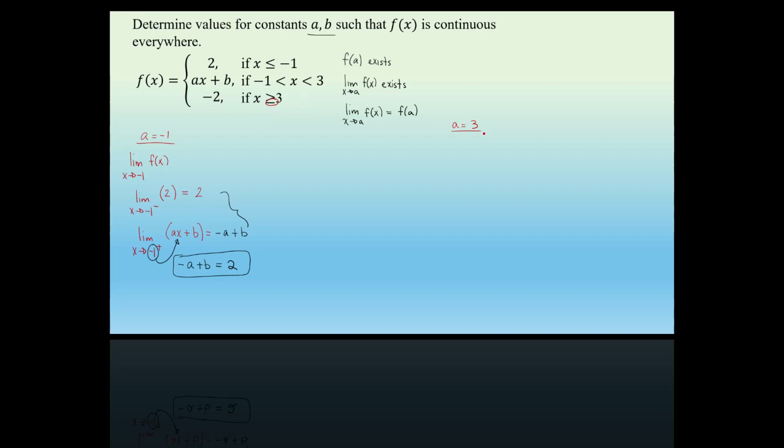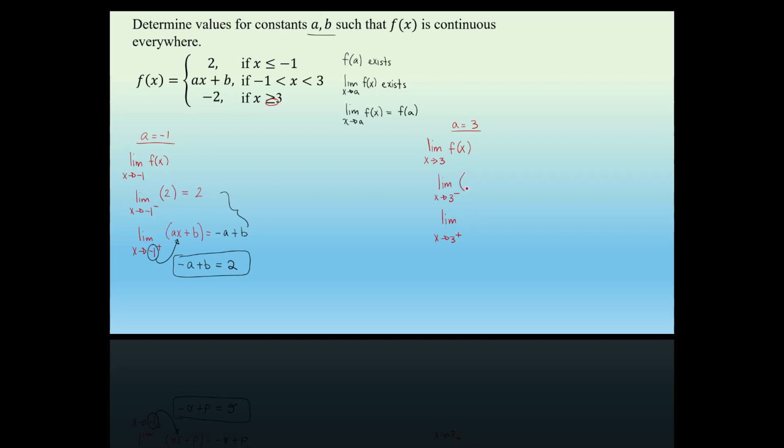Now we need to consider the limit as x is approaching 3 of f of x. But remember, in order for this limit to exist, we have to approach 3 from the left and approach 3 from the right. And these limit values must be equal to each other.